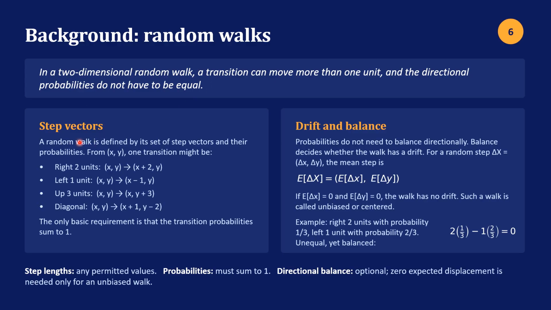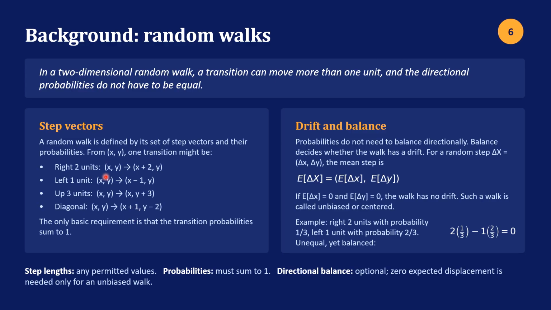A two-dimensional random walk is defined by its set of step vectors and their probabilities. And I have a few examples here. So from point xy, where you're in an xy axis and there's a point moving either up or down or left or right, you have some possible transitions here.